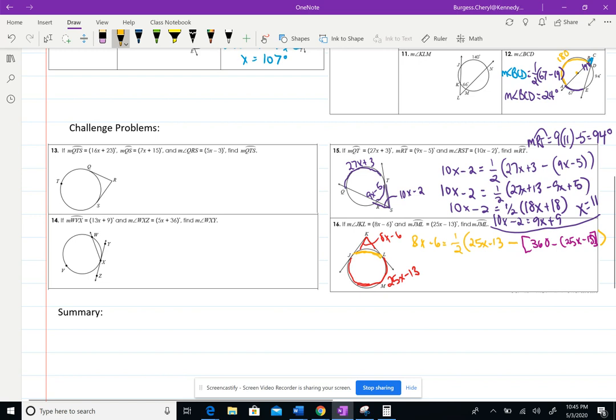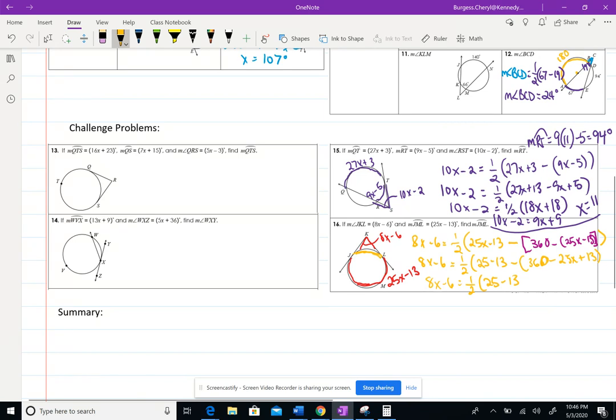So we are going to simplify everything in that parentheses here. So 8x minus 6 stays the same, equals 1/2 times 25x minus 13 minus 360 minus 25x plus 13. Okay, simplify again. It's a lot of writing, but it's algebra. Write everything out because there's lots of room for error.